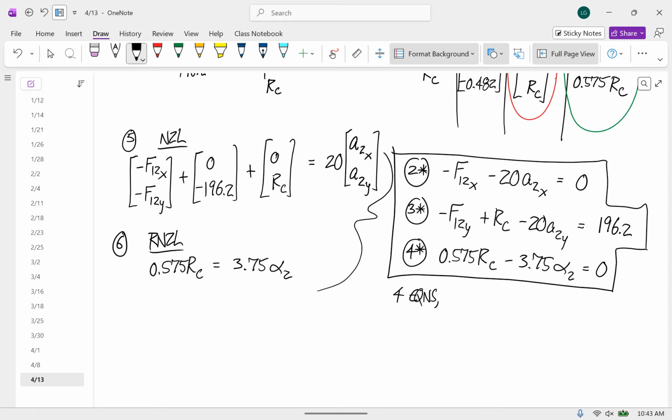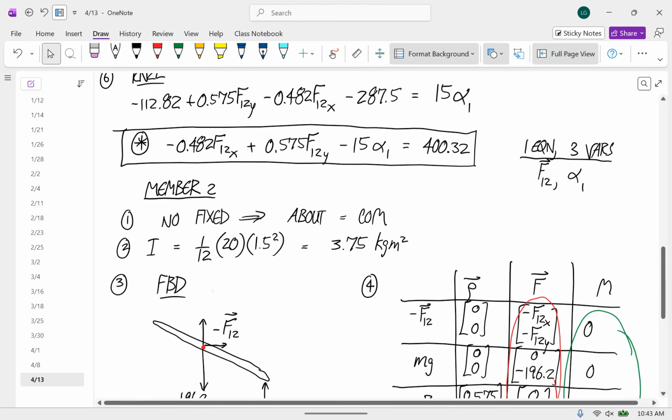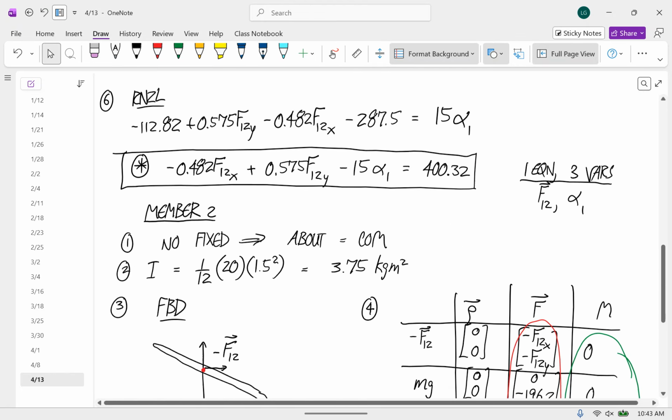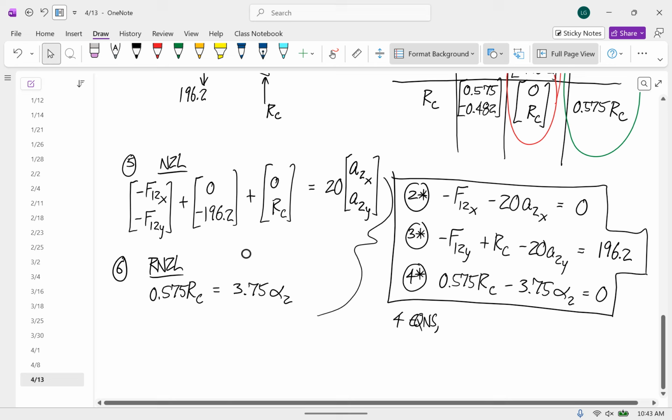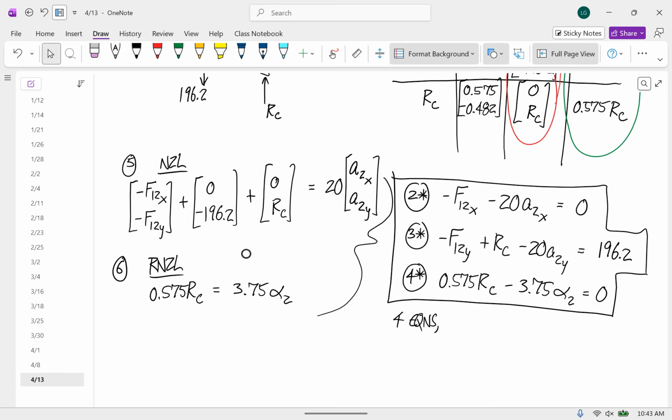How many variables do we have? It should be 7, hopefully. So F12 and alpha 1. And now we also have A2. That's 2 more. So now we're at 5. RC is 6.